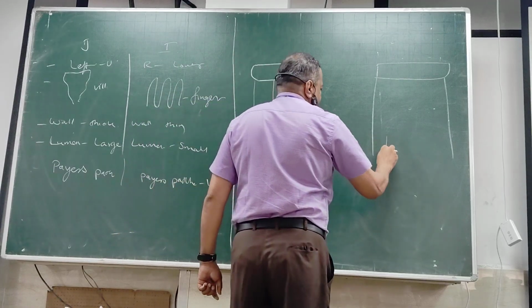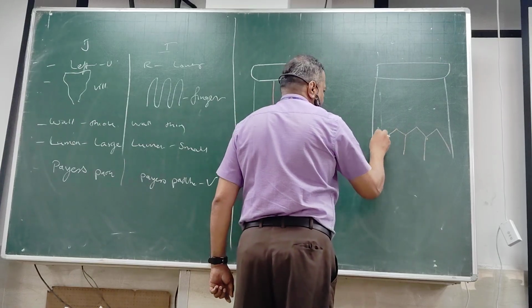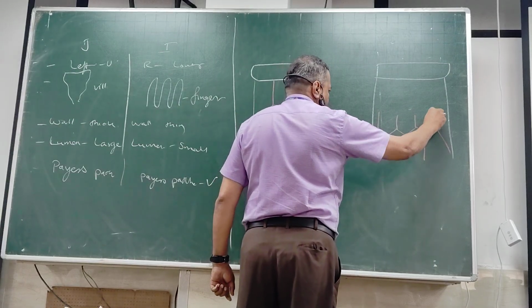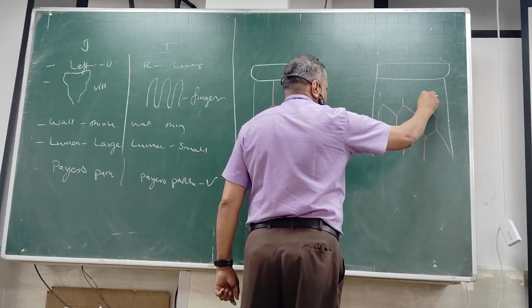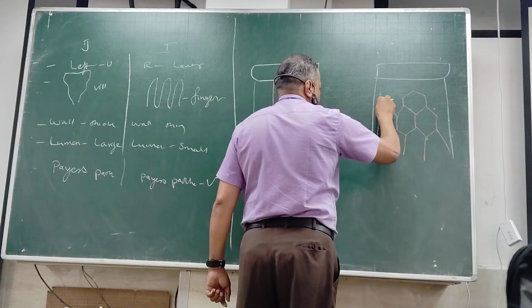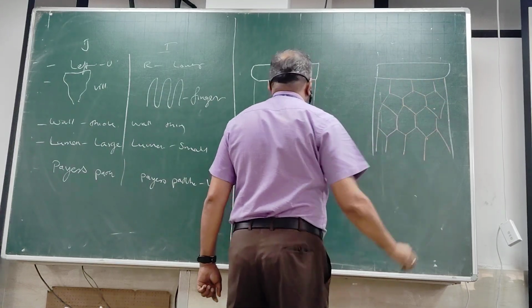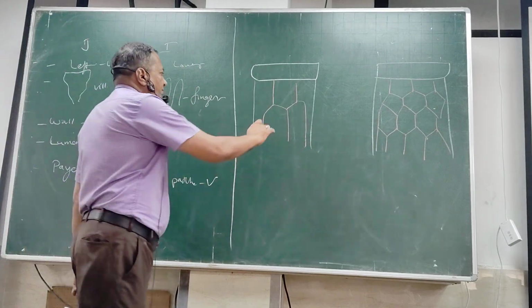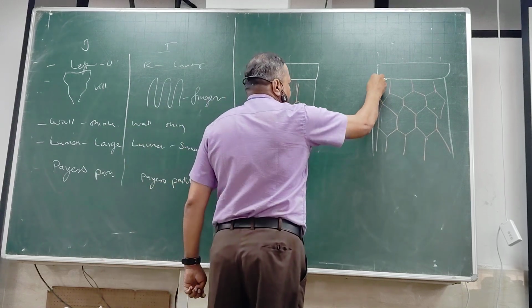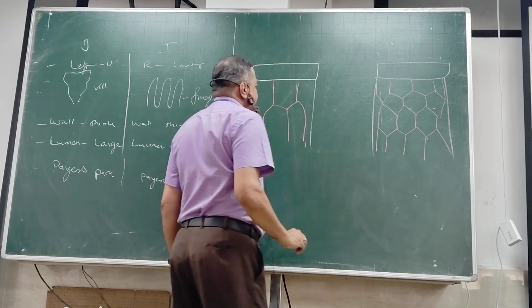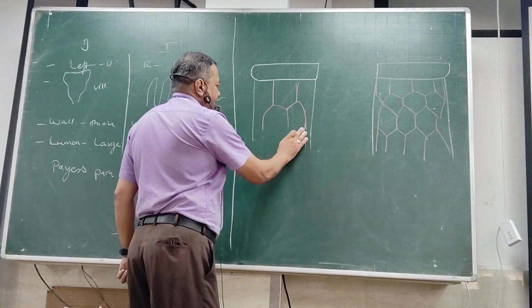And from these arterial arcades, vessels go to the small intestine. So this is the arcade. This is the arterial arcade.